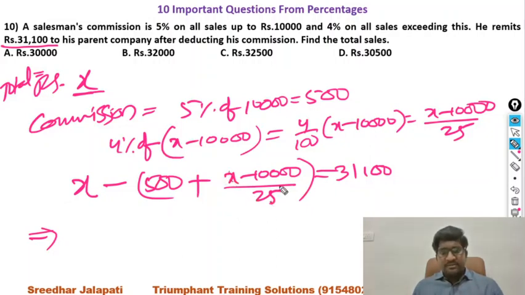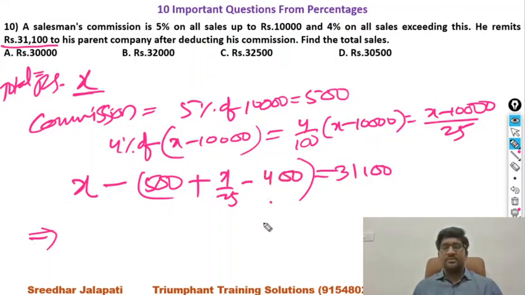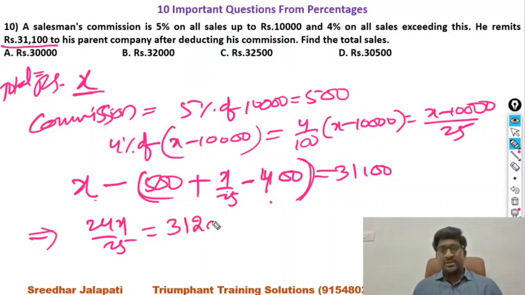This term I can write as X by 25 minus 10,000 by 25, which is 400. I have separated X terms and constants. So X minus X by 25 is 24X by 25, minus 500 plus 400, which is minus 100 after opening the bracket. If I send it to the right hand side, it becomes plus, so 31,200.